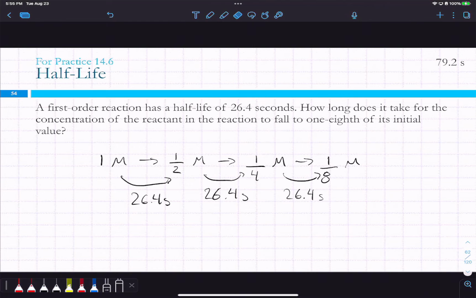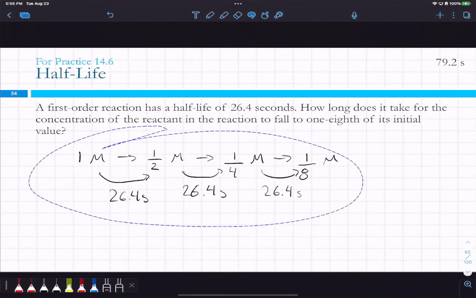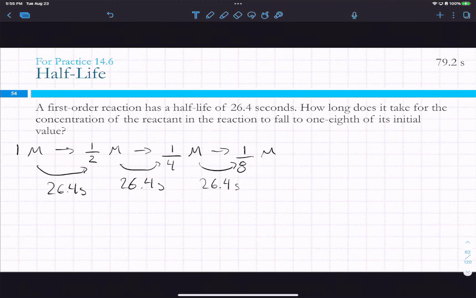You could also do it another way, because I think it demonstrates a nice thing about this. We could calculate k. So 0.693 over k equals t1/2.